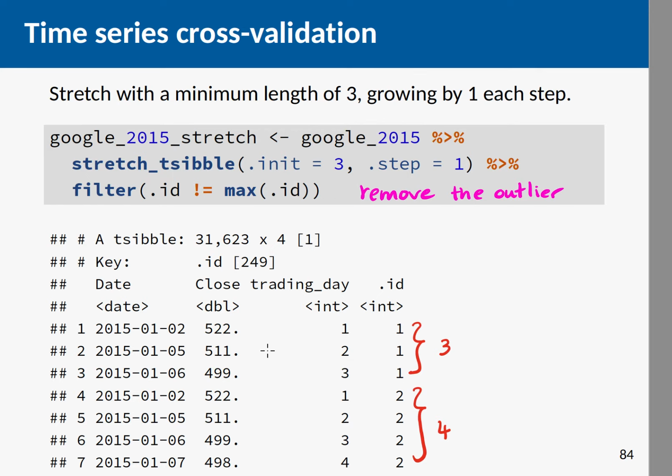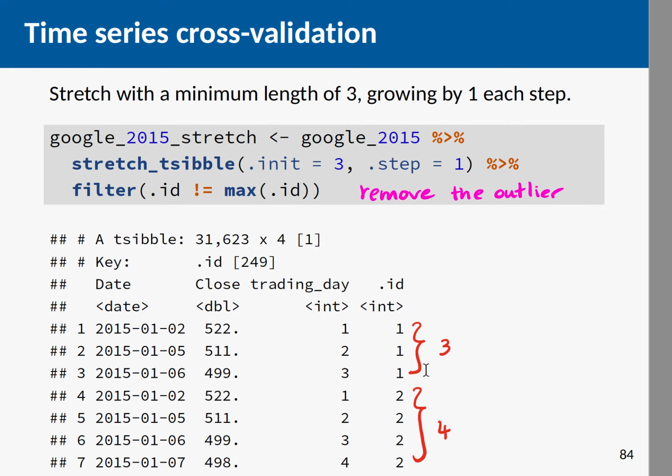So notice what happens in this output here. We've created this Google_2015_stretch_tsibble, which has trading days. In the first training set, we have 1, 2, 3 points, because that's what we wanted for our training set. And the id is 1, 1, 1, right?